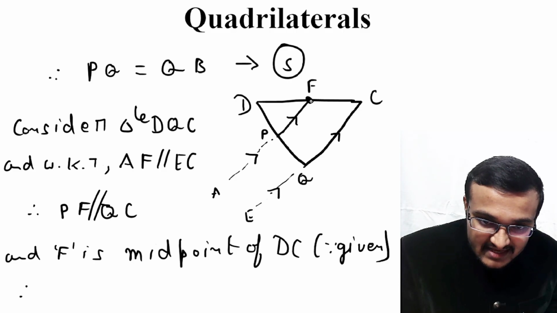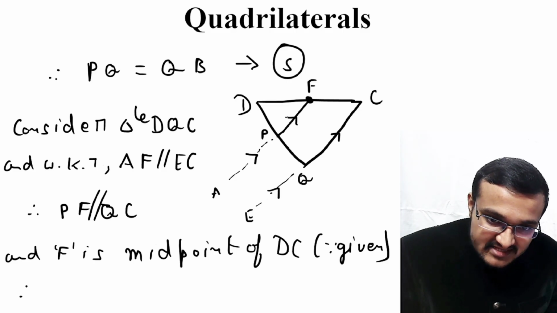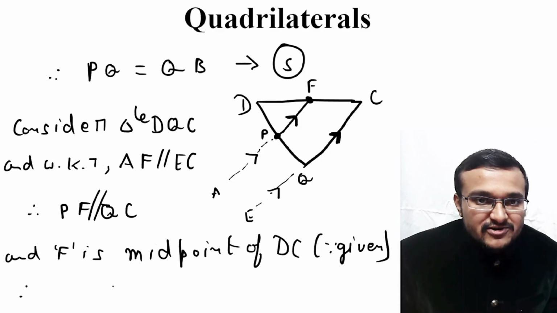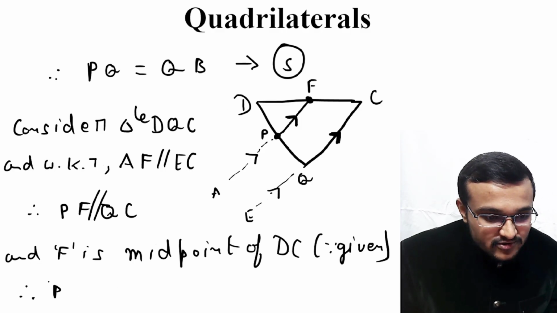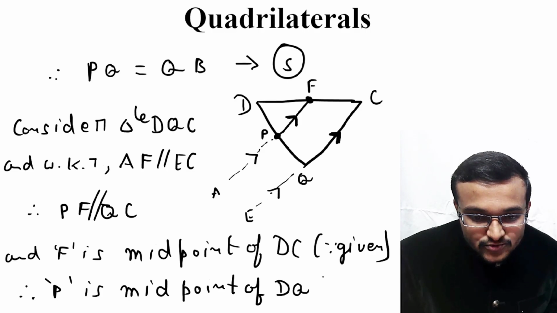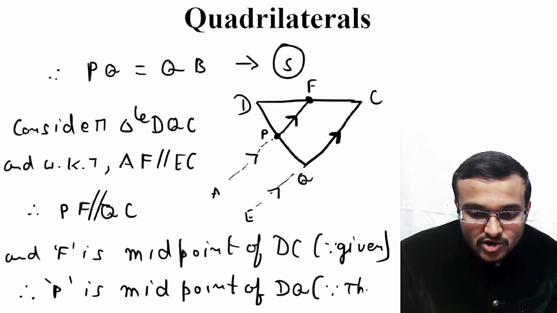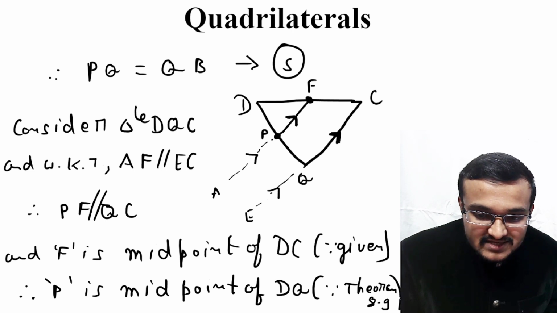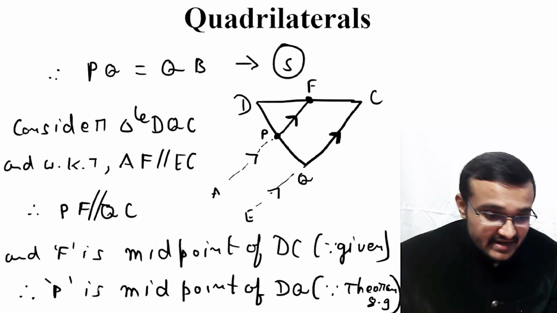Here you can see F is acting as the midpoint of DC, and this particular line and this particular line are parallel to each other. So P should be the midpoint of DQ. This is according to the converse of the midpoint theorem, or simply theorem 8.9.